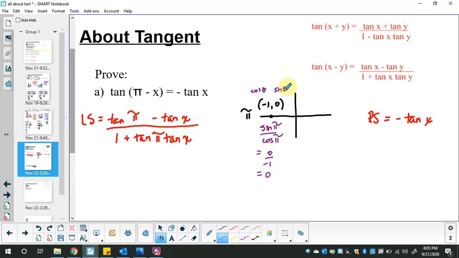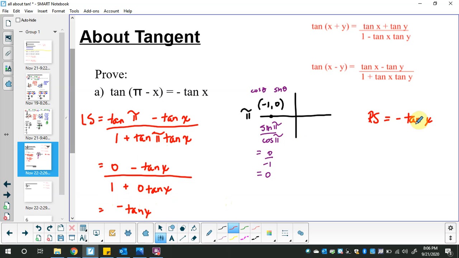So all my little scribbling on the side lets me take this quantity right here and just turn it into a 0. Minus tan x, which I can't do anything about, over 1 plus, there it is again, 0 times tan x. So 0 minus tan x is just negative tan x.